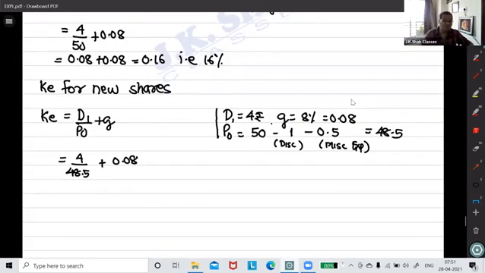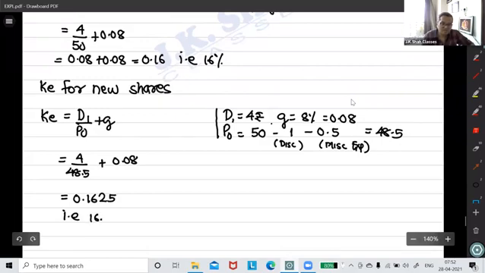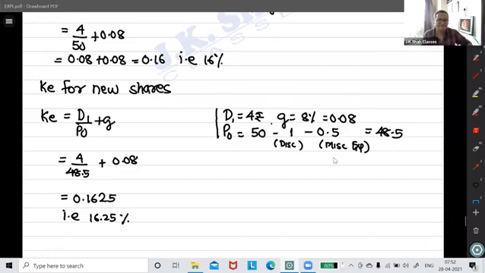And then whatever answer I am getting, that I am finalizing. So I get 0.16247, so 25. That is 16.25%. Good people, thank you for giving me the same answer.